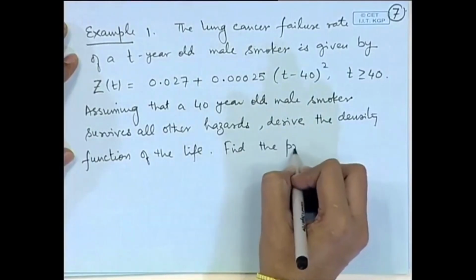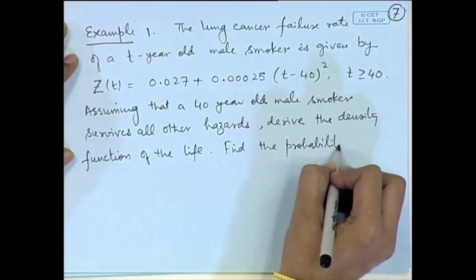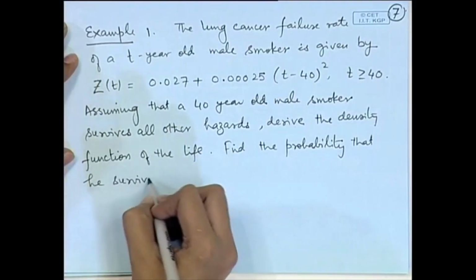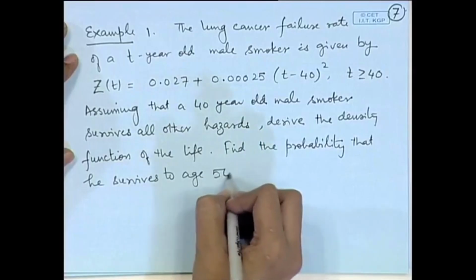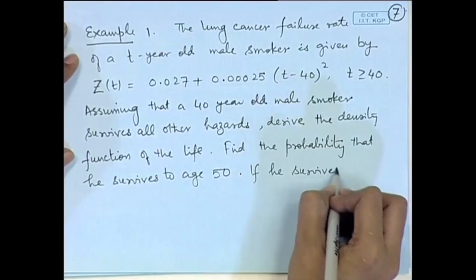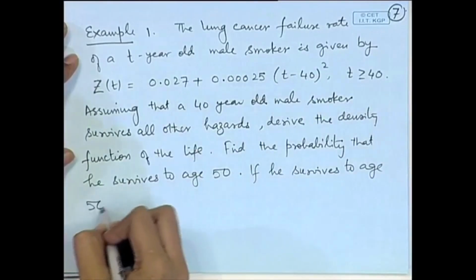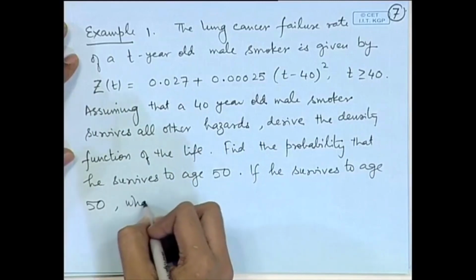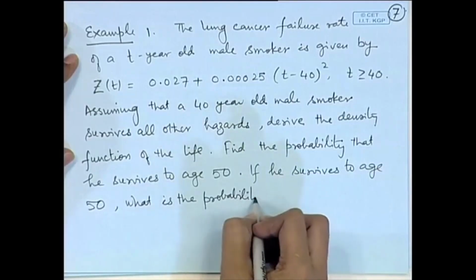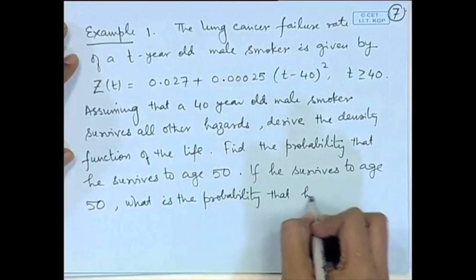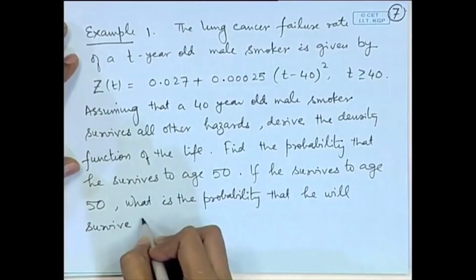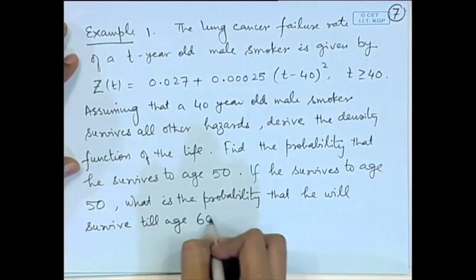Find the probability that he survives to age 50. If he survives to age 50, what is the probability that he will survive till age 60?